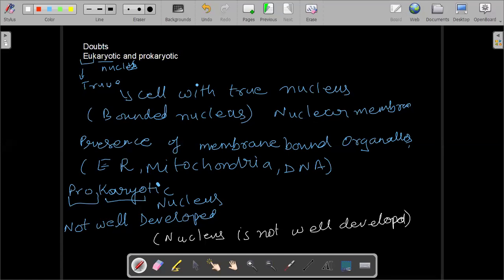The genetic material is present here in the form of RNA. Got it?